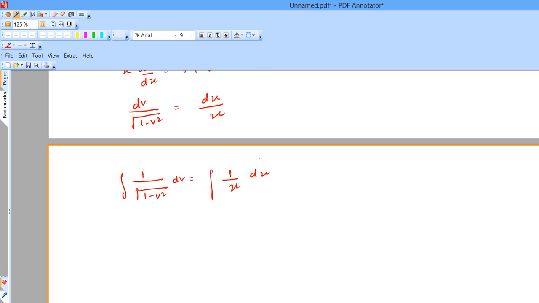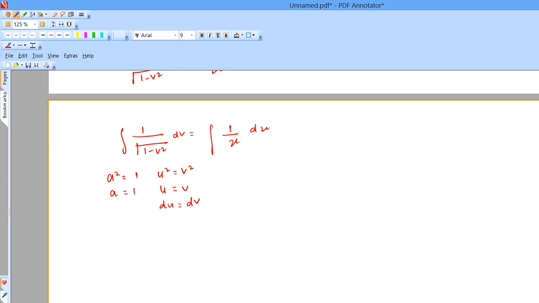On the left hand side we can define a squared equal to 1, so a equal to 1, u squared equal to v squared, u equal to v, and du equal to dv. Actually on our left hand side we integrate this pattern of equation.